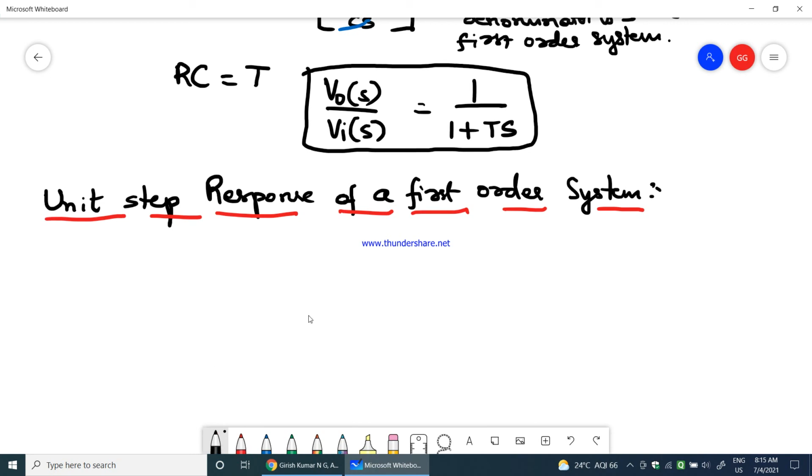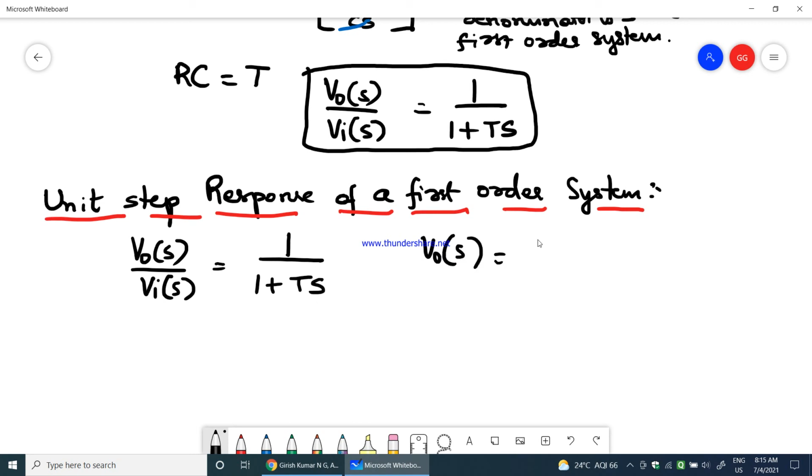So let us take the transfer function equation, V out of S by V in of S equals 1 over 1 plus Ts. Therefore V out of S equals V in of S divided by 1 plus Ts.